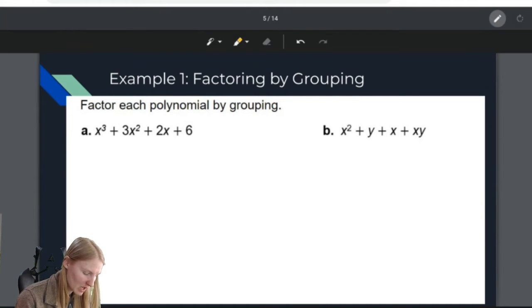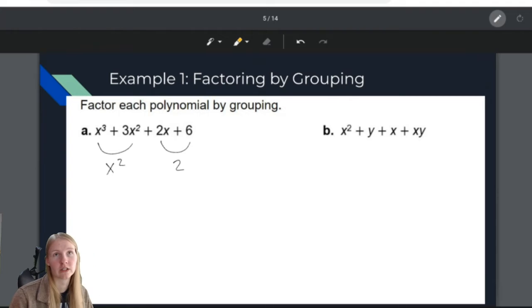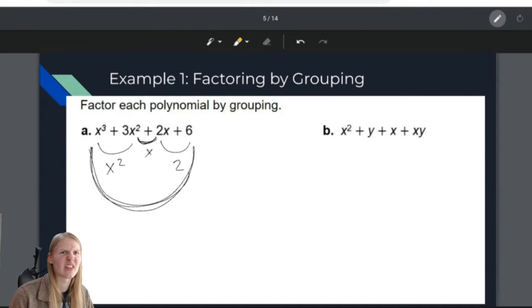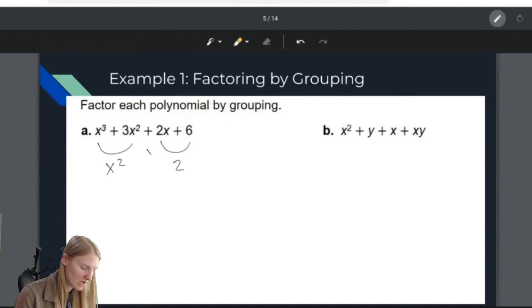So, for example, I noticed that these two both have a 2 in common, and these two both have an x squared in common. Now, these two both have an x in common, but then if I paired these two together, I would need to pair these two together, and they have nothing in common. So you want to make sure that you get 2 pairs that both have something in common. So let's pair them like this.